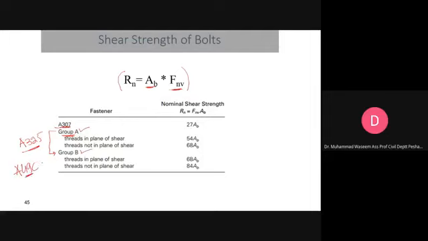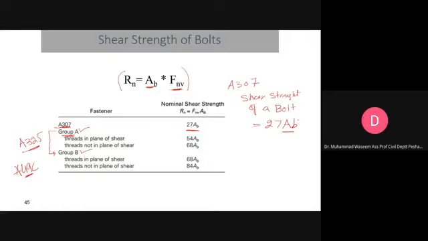If you are using A307, the shear strength of a single bolt is 27 Ab, where Ab is the area of the bolt.